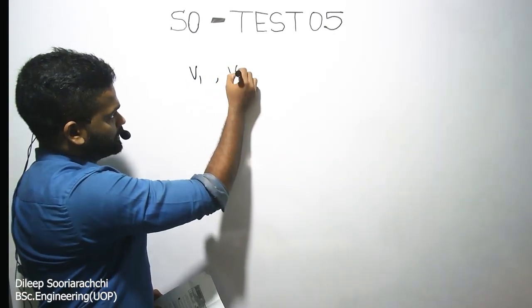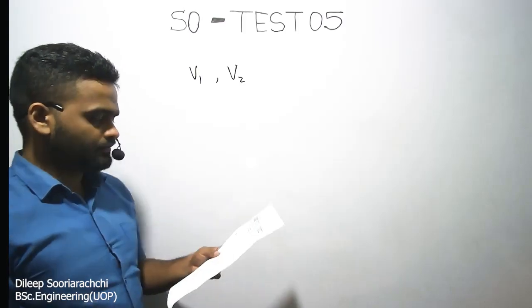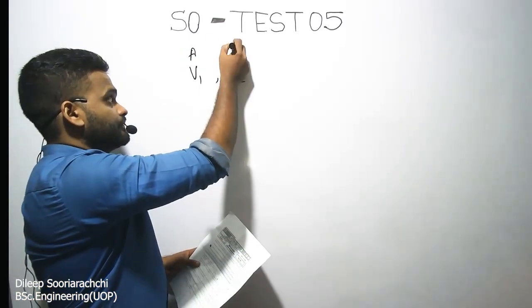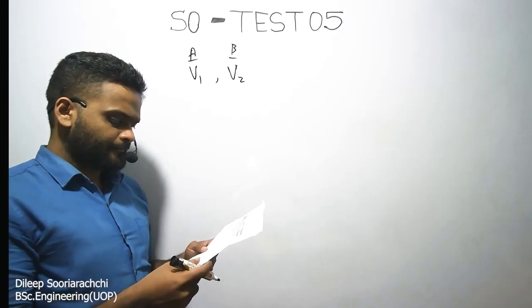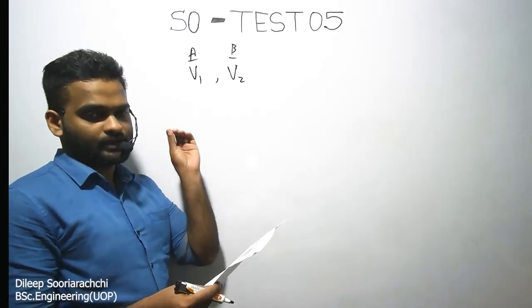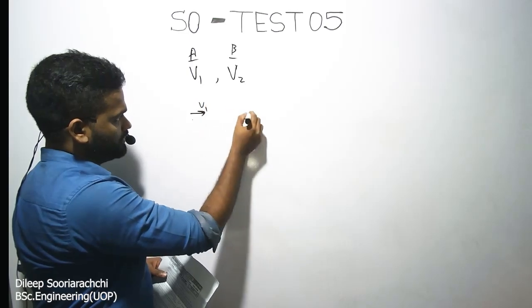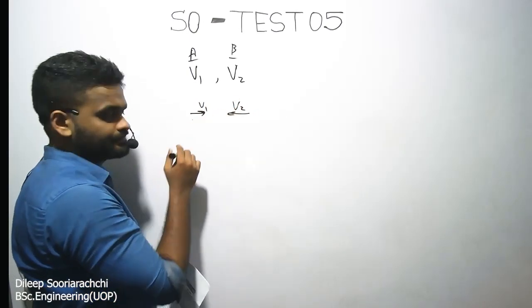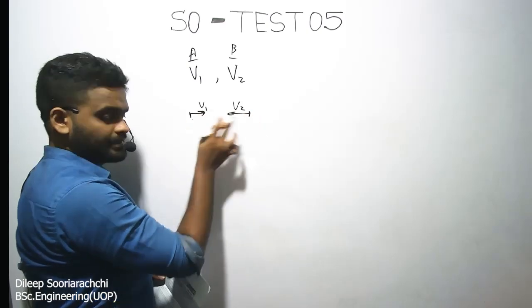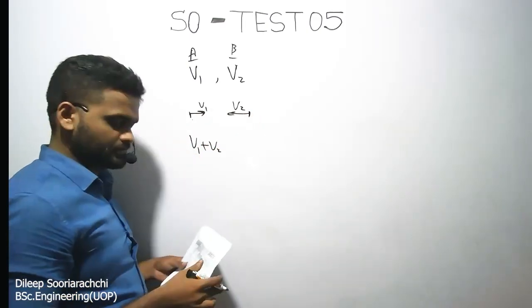These are Earth relative. In the first case, they are moving towards each other. So what's the relative velocity? Just add them.